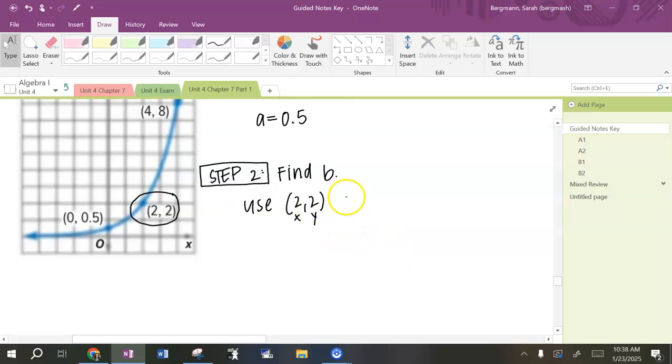Since x is 2 and y is 2, I'm going to plug those in to my equation. So x is 2 is going to go here, y is 2 is going to go here, and from step 1, I know a is 0.5. So I will have 2 equals 0.5 times b squared.